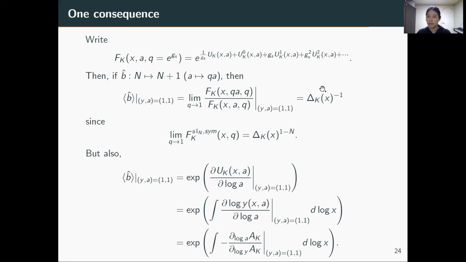So what we get from this manipulation is an expression of the Alexander polynomial in terms of the A-deformed A-polynomial.